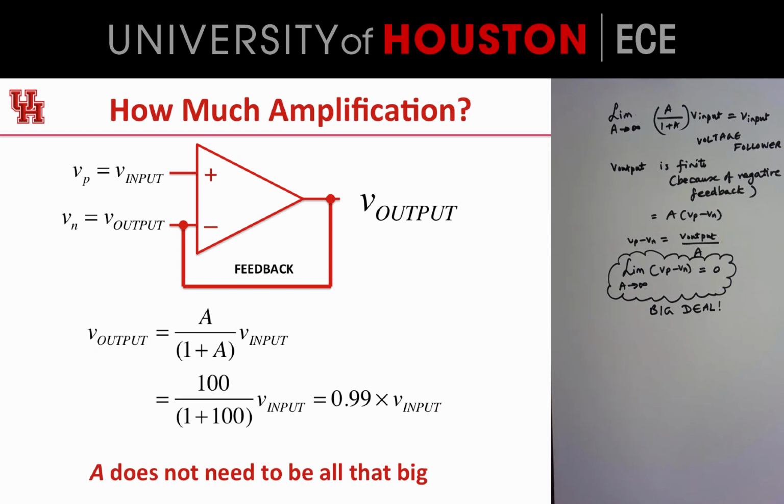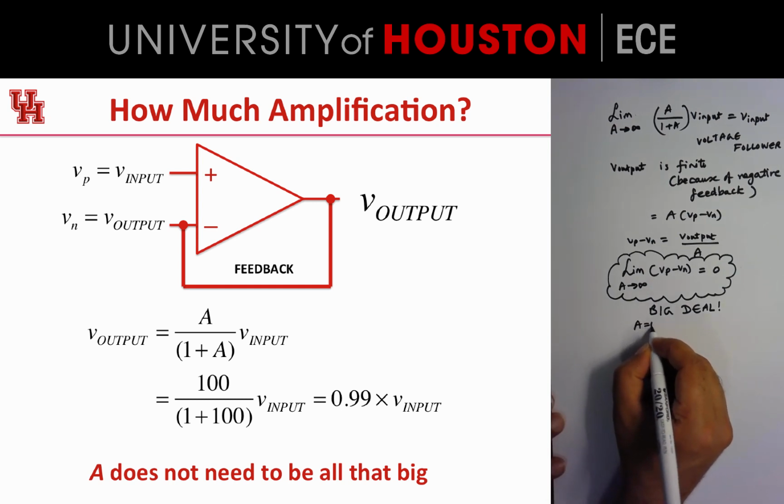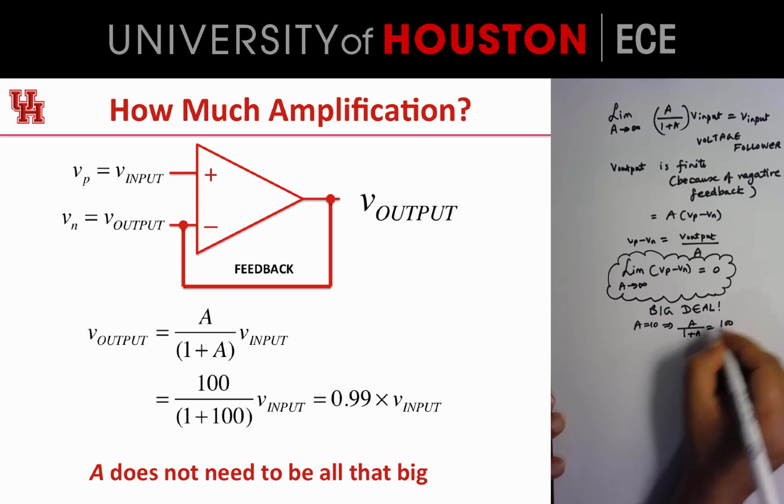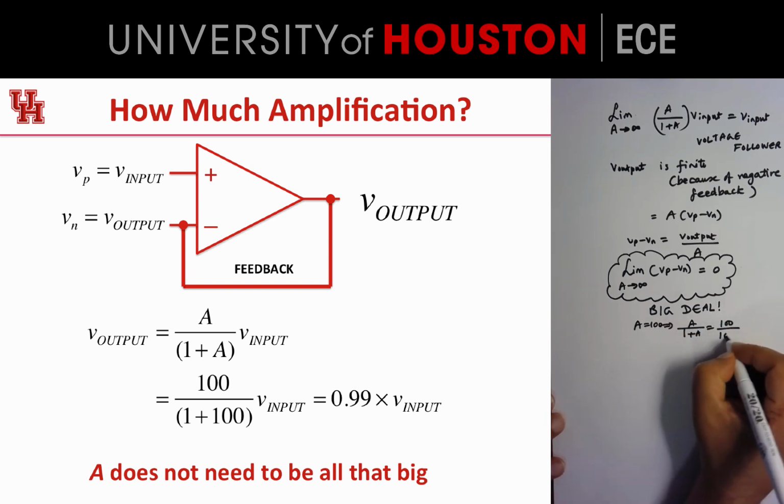Now, so far I've talked about A being infinity. But in practice, even relatively modest amplification factors are good enough. For example, if A is 100, then A over 1 plus A is 100 divided by 101, which is about 0.99.